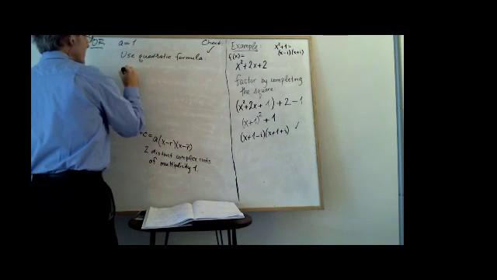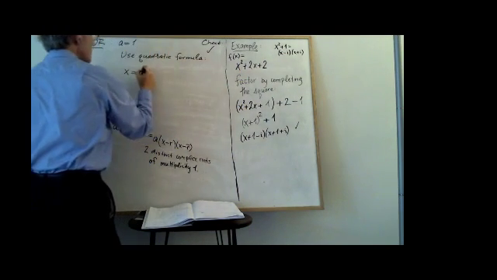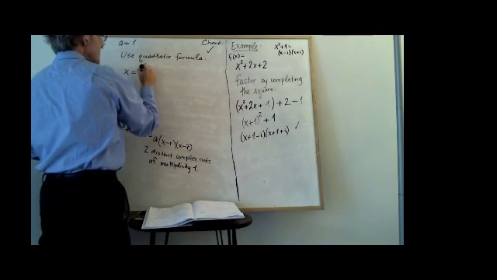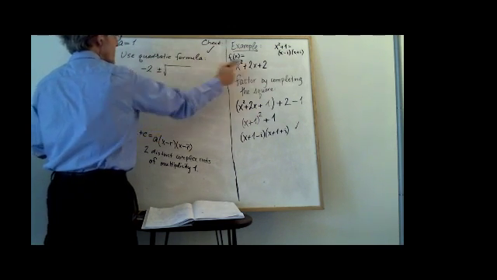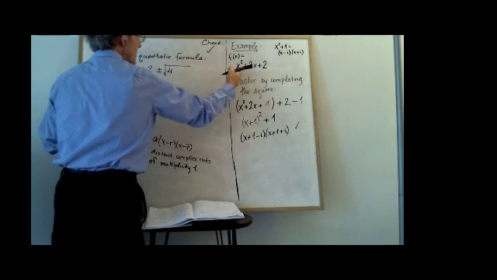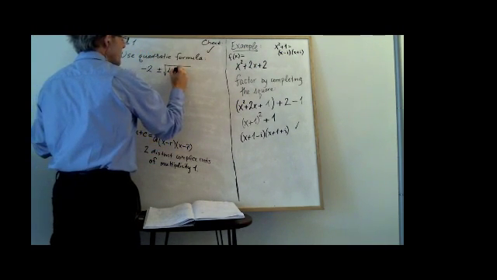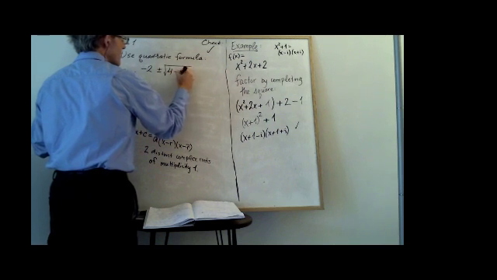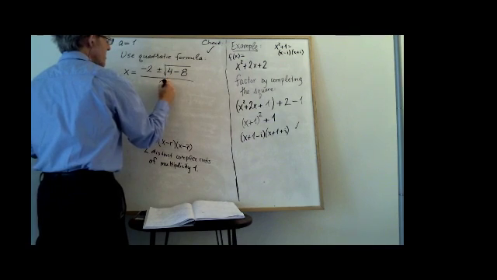So x then is equal to, so I solve for this equal to 0. And then I get x is equal to minus 2 plus or minus square root of, b squared is 4, minus 4ac. 4 times 1 times 2 is 8, so minus 8. Divided by 2 times 1, which is 2.